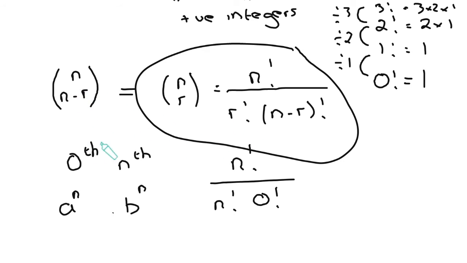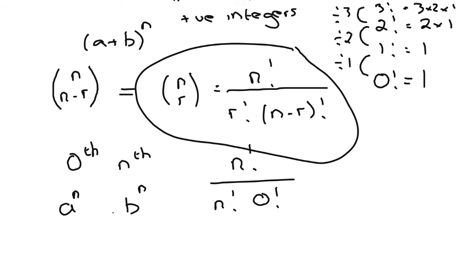And if you think about Pascal's triangle, then this makes sense. You've got symmetry on each line of the triangle. And if you think of it in terms of choosing r things from our n brackets of a plus b to the n, then that's the same. Choosing r lots of a is the same as choosing n minus r lots of b. So that's why we have the symmetry.